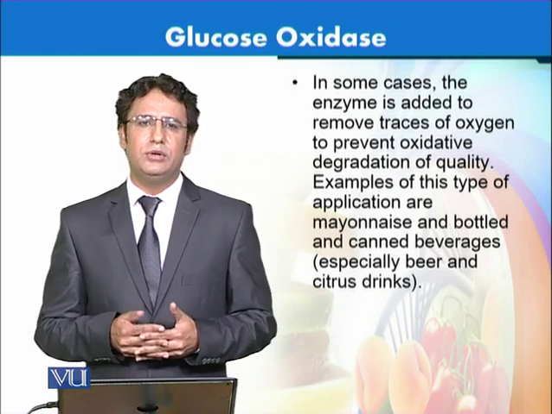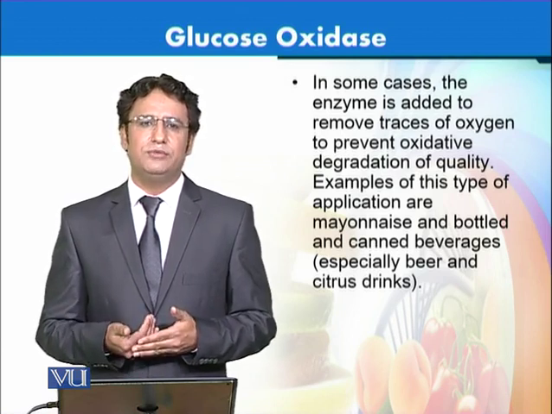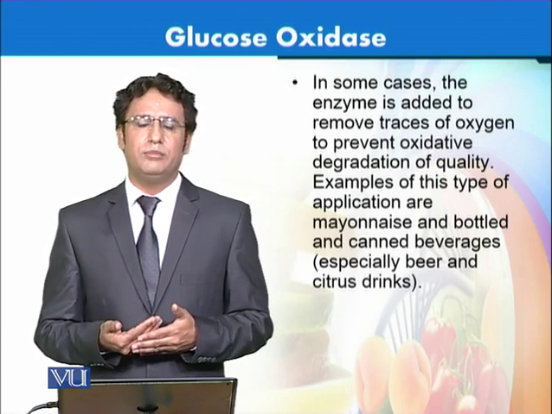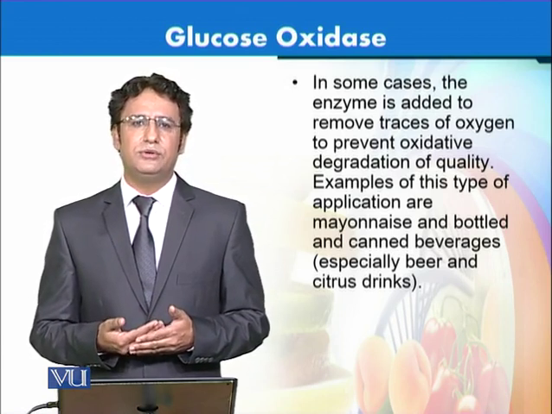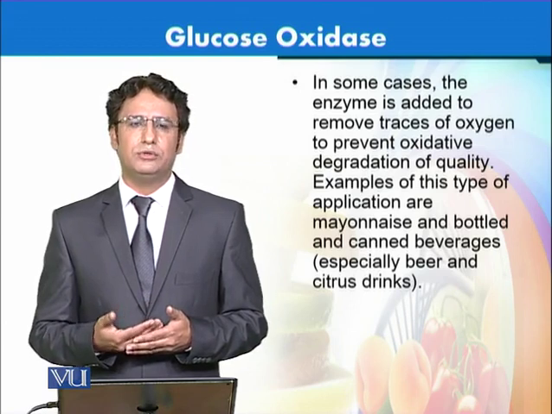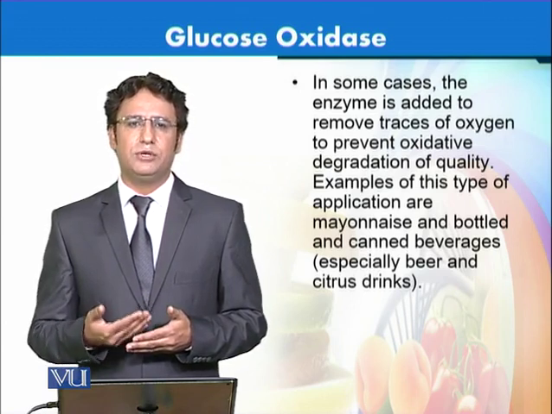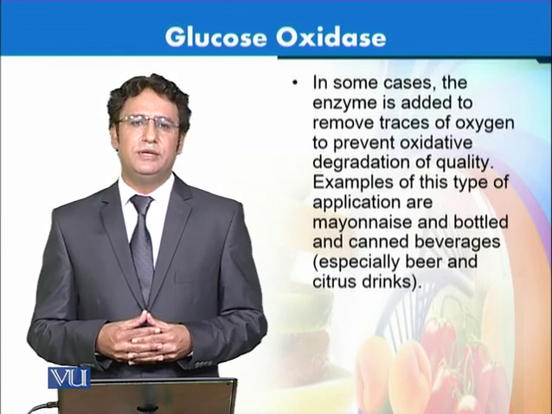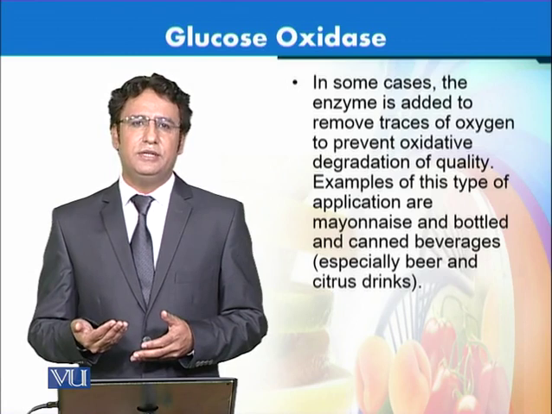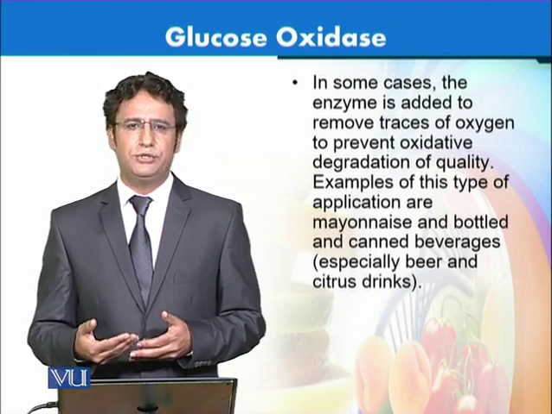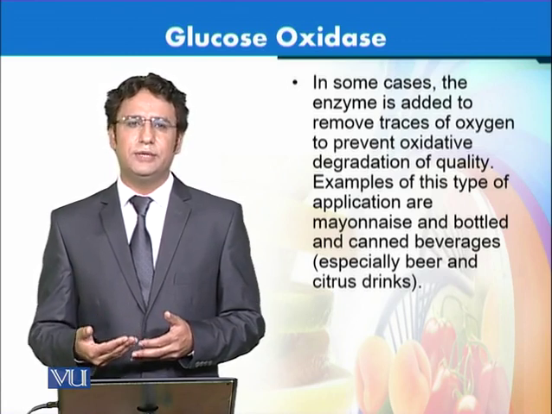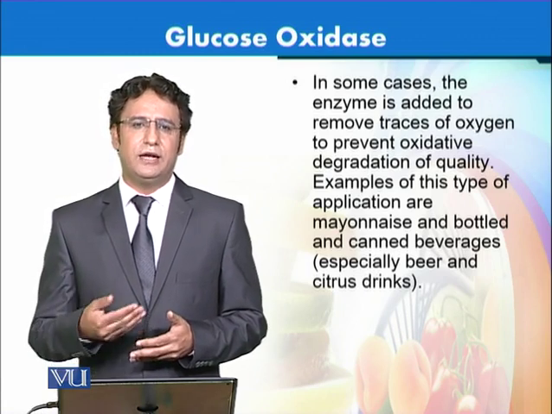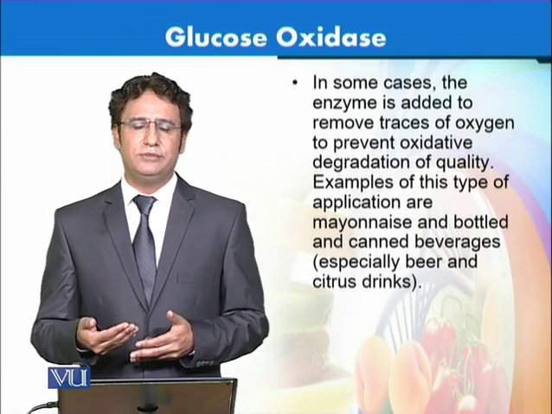So this would not only remove the oxygen from these sources, making it unfavorable for the growth of aerobic microorganisms, but can also reduce the amount of glucose available for microbial growth. So it would have some antibacterial effect. Added to that, the hydrogen peroxide that is produced during the action of this enzyme also has some antibacterial activity, and this can be used in many industries.